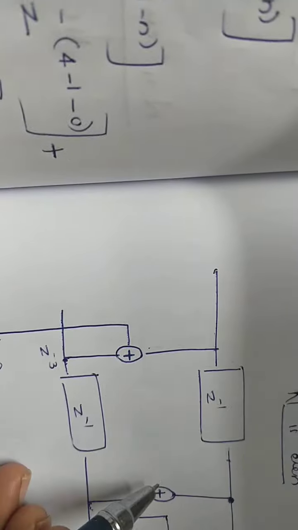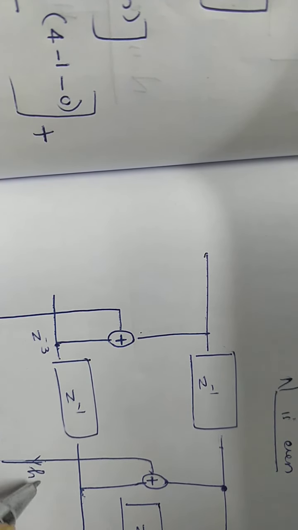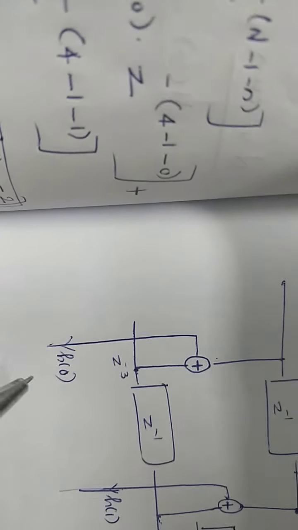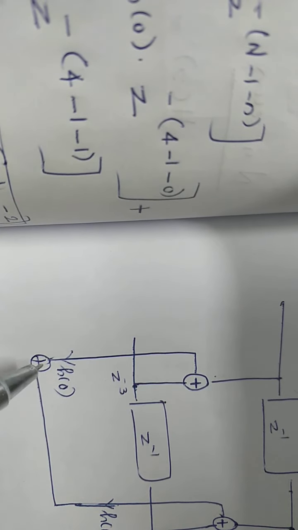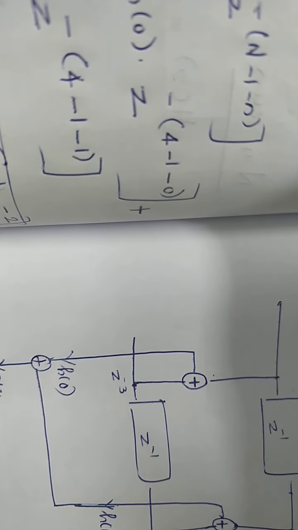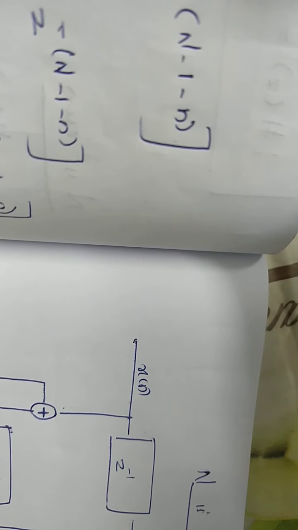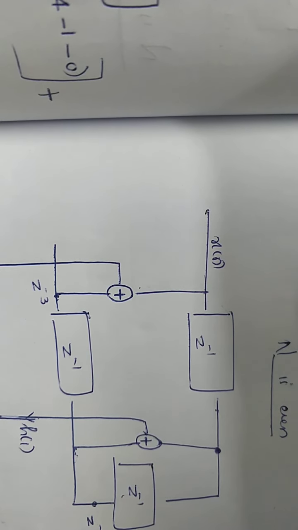Then these two terms are added, so I am putting one adder here. These two are added and we will get the output y of n. From here we are providing the input x of n. So this is the linear phase structure when n is even.